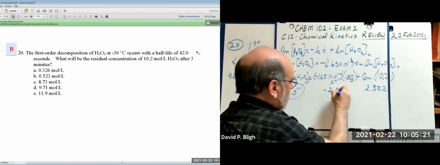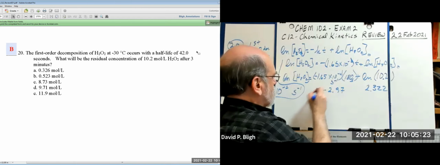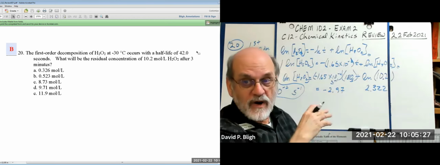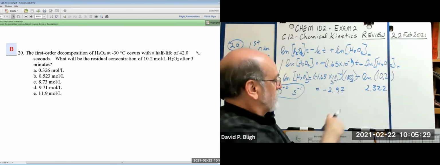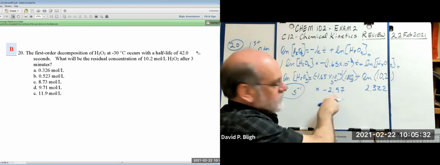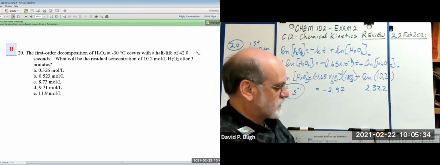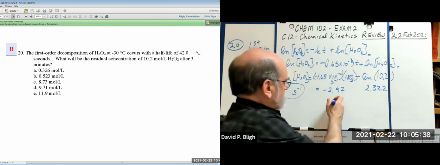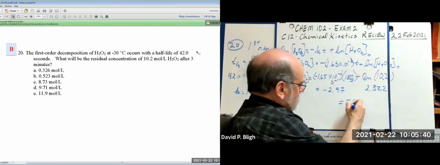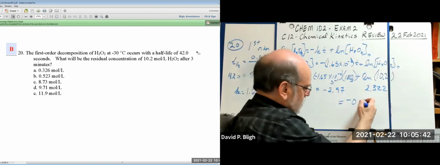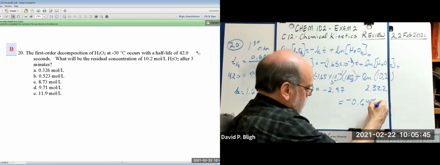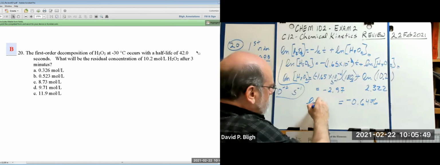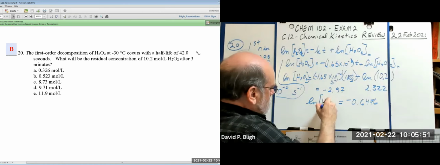And that's equal to the log of the hydrogen peroxide concentration. So let's add these together. It looks like it's going to be a negative number, because that one's bigger than the other one. Minus 0.6476. And this is the natural log. Okay?